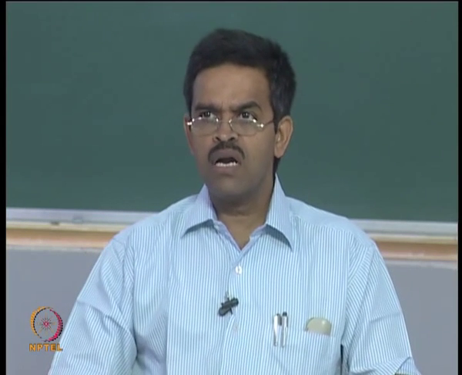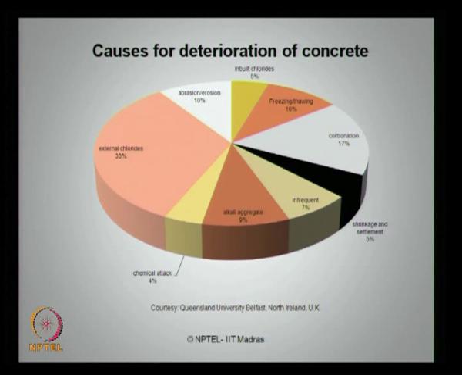If you look at this chart, which indicates the general causes for deterioration of concrete as studied at Queen's University, Northern Ireland, UK, the majority of researchers have focused on external chlorides as the reason for deterioration of concrete, followed by internal or inbuilt chloride systems.